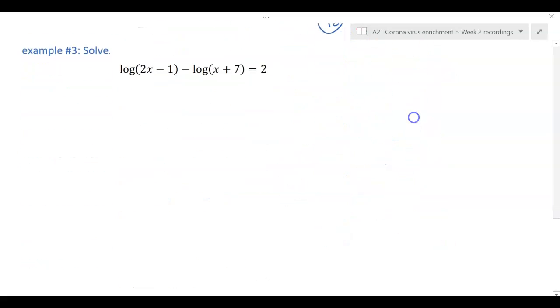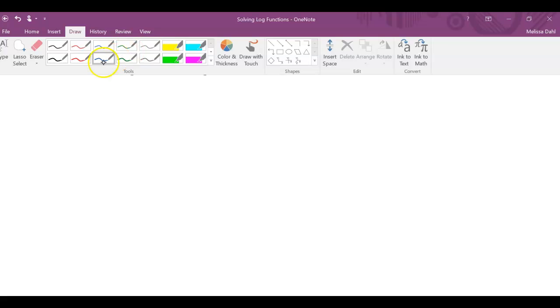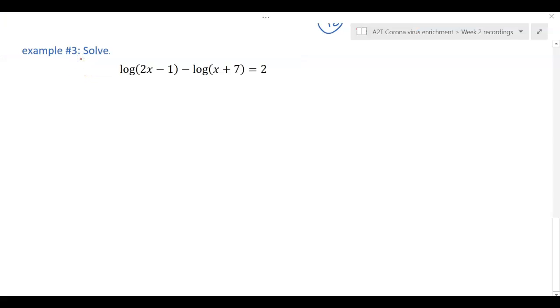All right, lastly, we're going to look at a logarithm equation that requires you to use properties. So notice here I see a log, and I see another one, and I can't isolate those because I also have a 2. So here's where you have to think about your log properties and ask yourself, can I combine the two logarithms into one?